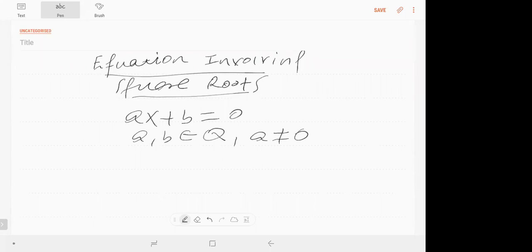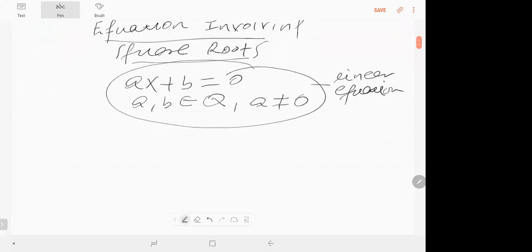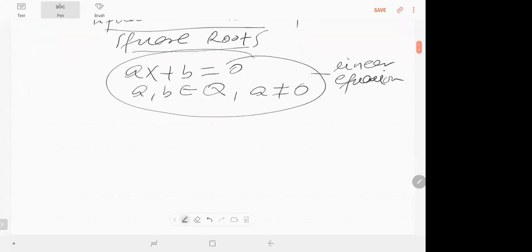Remember, this one is a linear equation. Just to connect with the point, let us go back to the equation that involves a square root, or simply a square root equation.